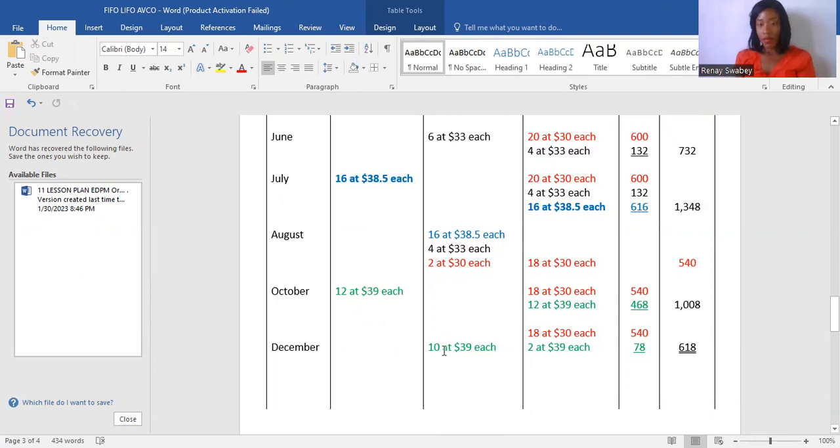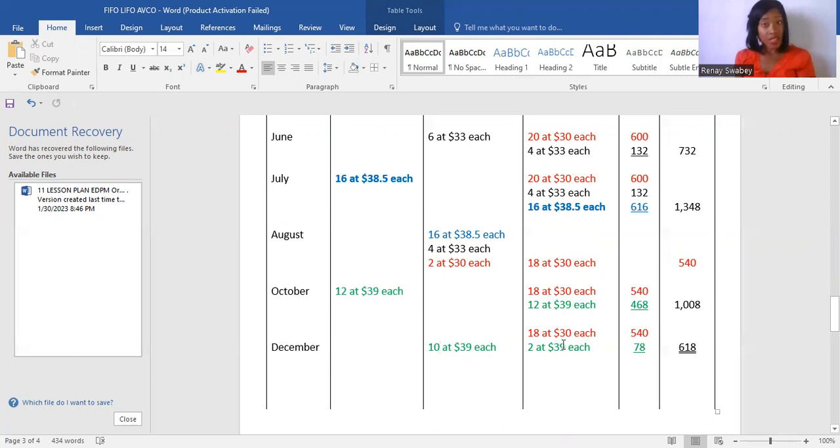So in December, Selena would have sold 10 items from these 12 items she purchased in October. That means that though she purchased these 12 items in October, she didn't sell any of these 12 items in November. December is when Selena sold 10 items from these 12 items here at $39 each.